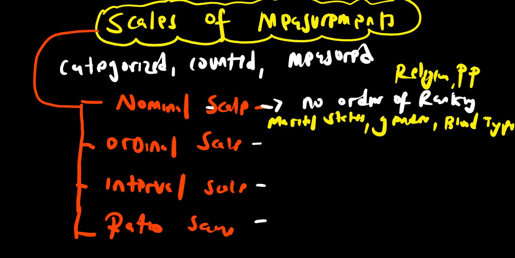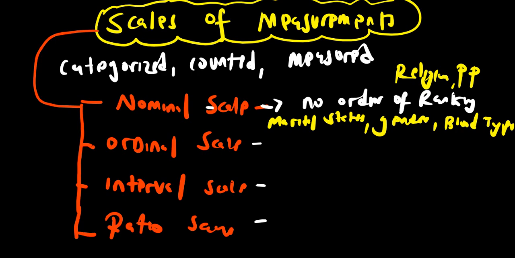If we're talking about marital status, you're either married or single. So the order and the ranking size are not important. They are not meaningful. Gender: is someone male or female? You can't rank male and female.